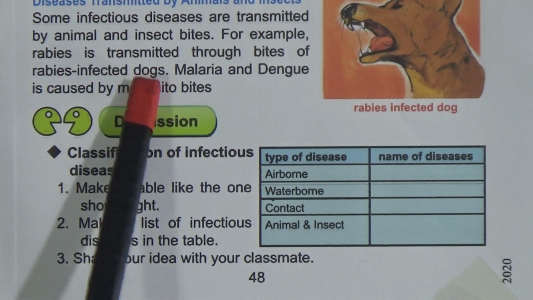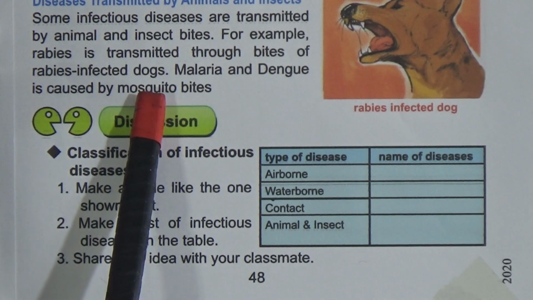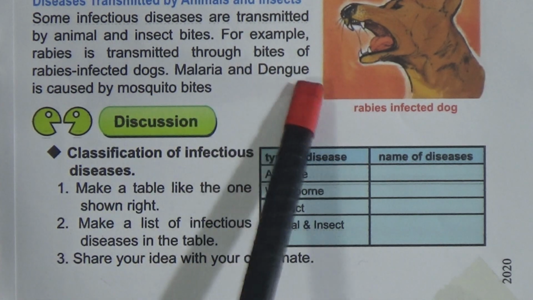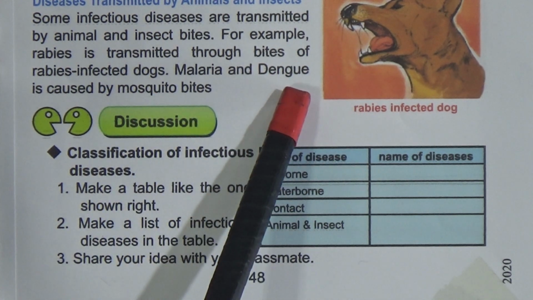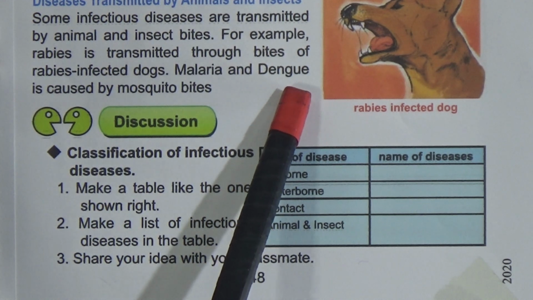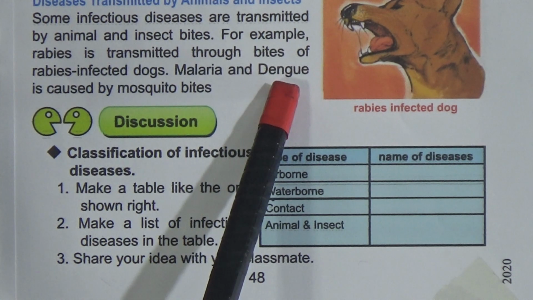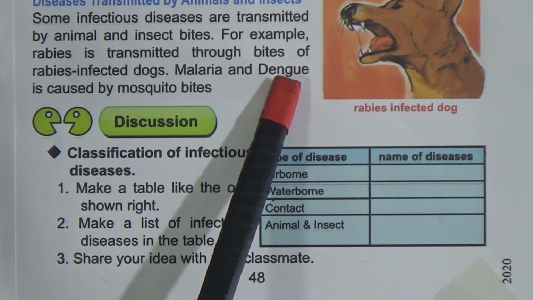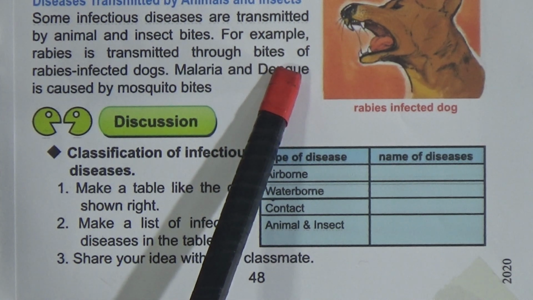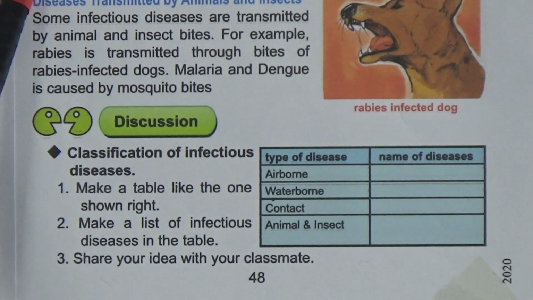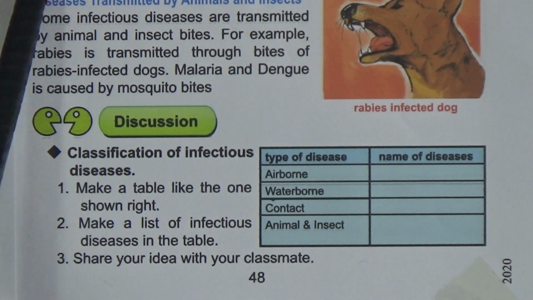We also learn here about dengue and malaria, and since it is now also the time for dengue, we will learn what preventive measures to take for dengue, and the preventive measures for airborne and waterborne diseases, and what AIDS is.